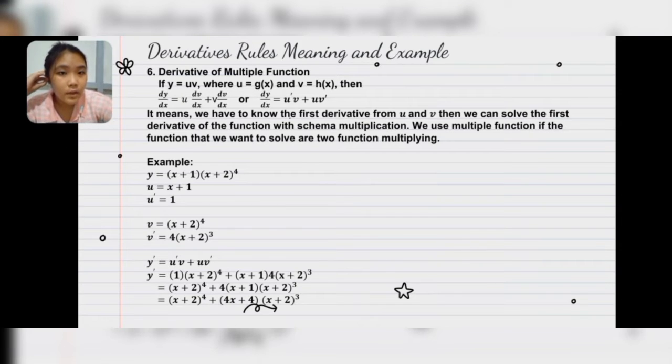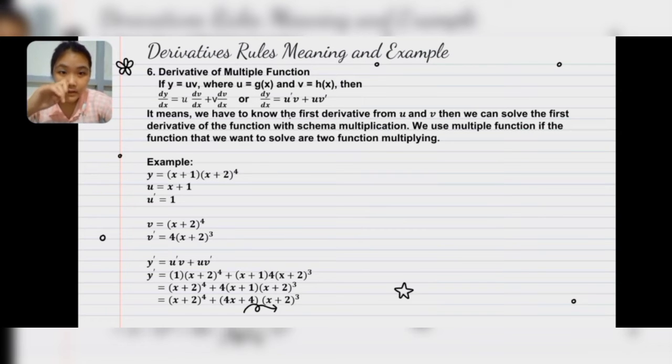The derivative equal 4 is n, so we type 4, and then 4 times x plus 2, and then the 4th power we reduce 1, so will be 3. It means the derivative of v equal 4 times x plus 2 to the 3rd power.